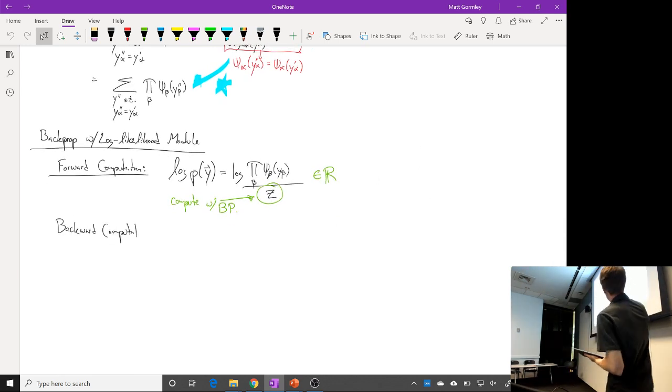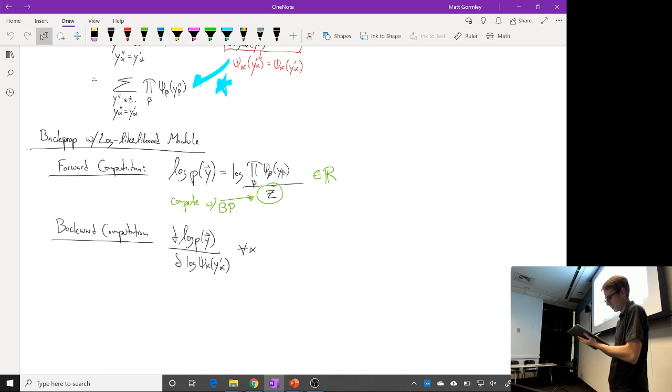So we need to compute the derivative that we just spent all this time on for all values of alpha, and then respectively for all values of y prime alpha.